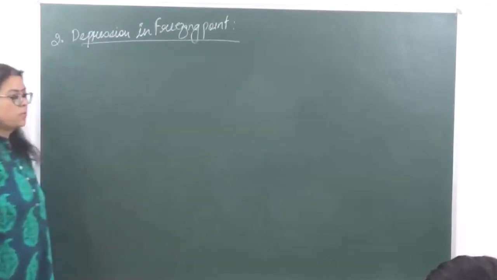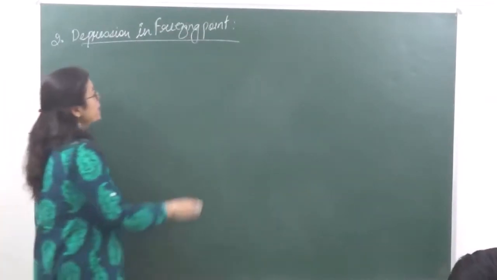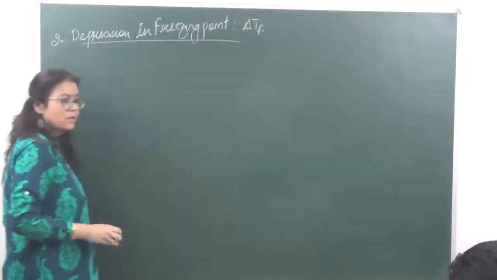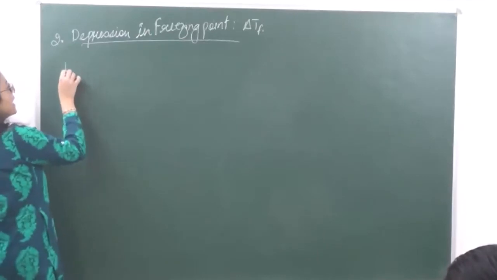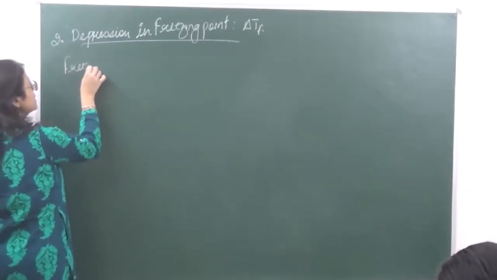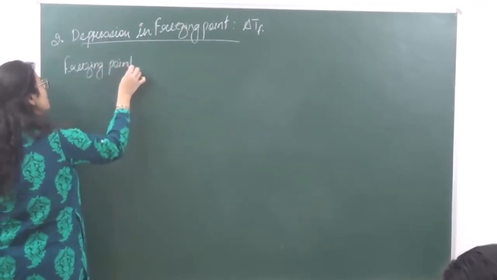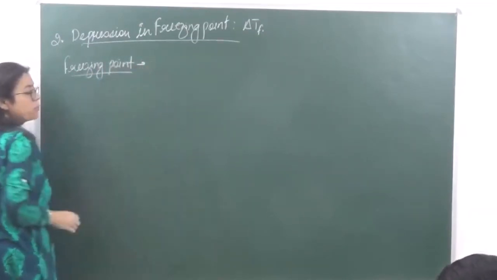Depression in freezing point is represented by delta Tf. Now let's understand what the freezing point is.